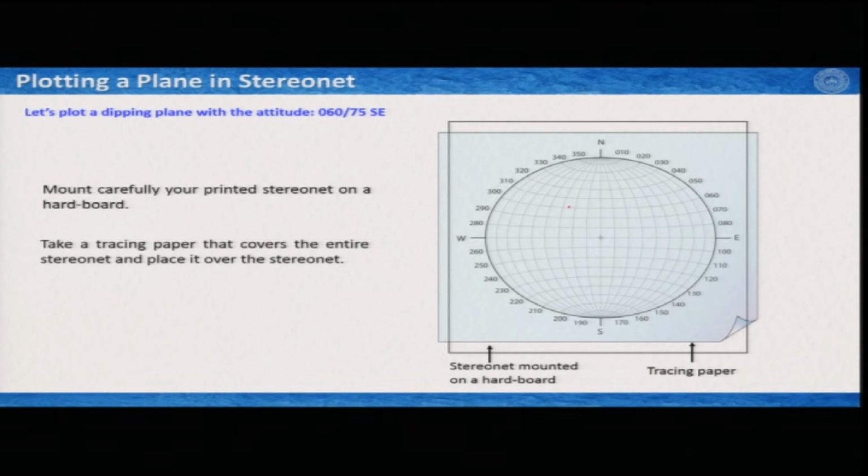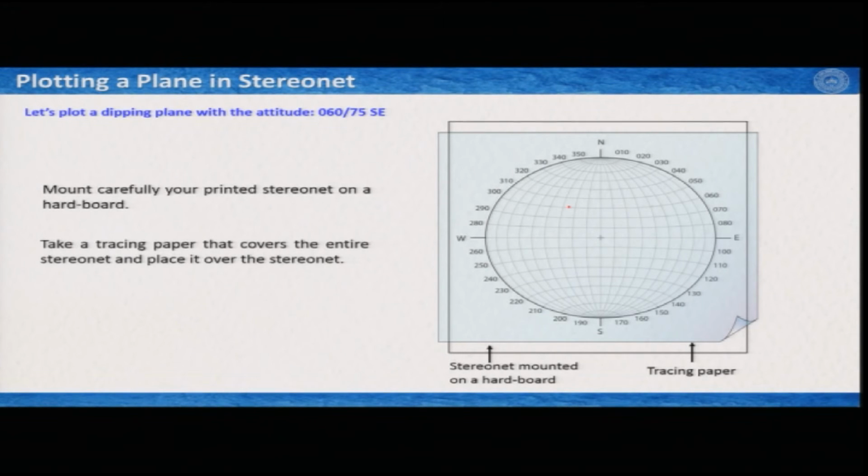In this case, we have the example of a dipping plane with the data 060/75 degree southeast. That means, its strike is 60 degree, it dips 75 degree towards southeast direction. Now, the initial steps are very similar.